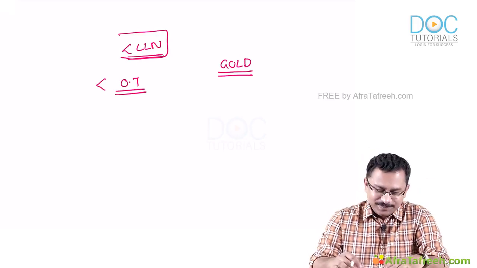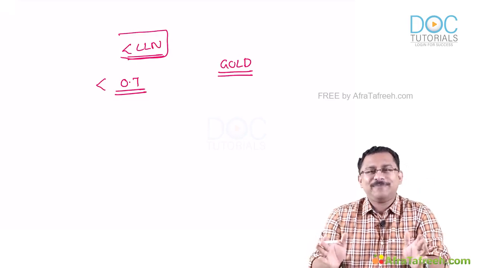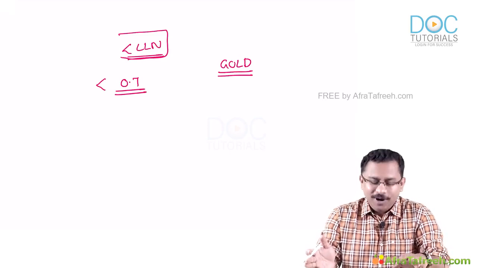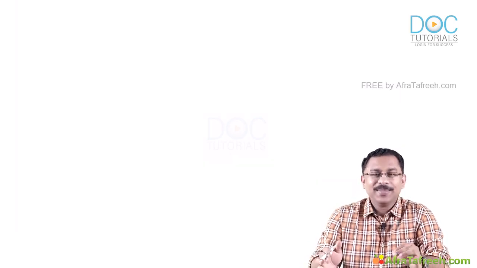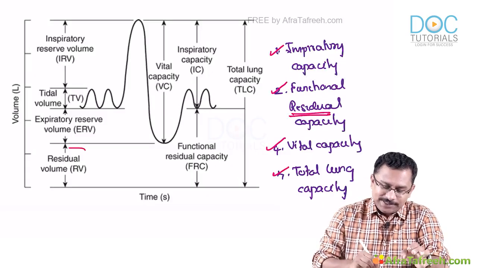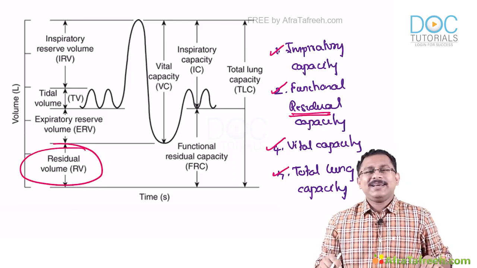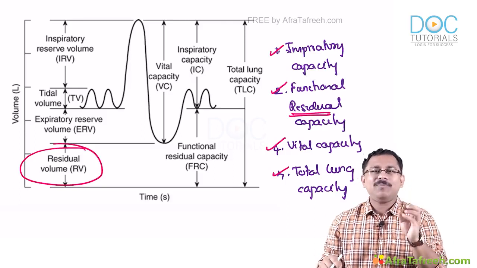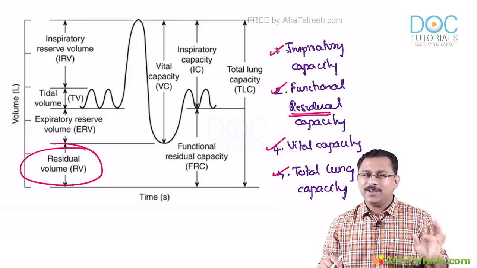Okay, very clear. So far we have made good sense of the volume time plots. Now I will just make a mention of one thing before that. When you do a spirometry, one thing that you should be careful of is that you see here, this is your residual volume. Residual volume cannot be estimated by routine spirometry.